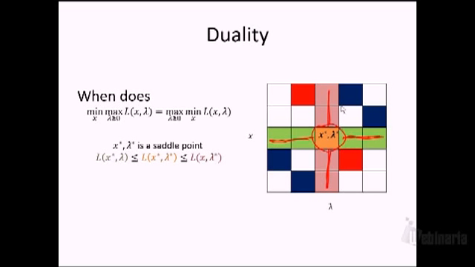And this is called a saddle point, because if you take a cross section of the Lagrangian in this direction, you will see x star and lambda star as a maximum point. But if you take a cross section in this direction, you will see x star and lambda star as a minimum point. And so it's maximum in some direction and minimum in the other one. And so it's like the center point of the saddle of a horse, and hence it's called the saddle point.